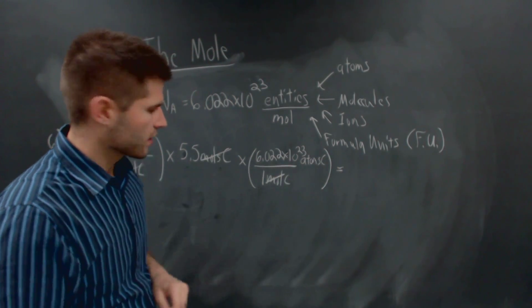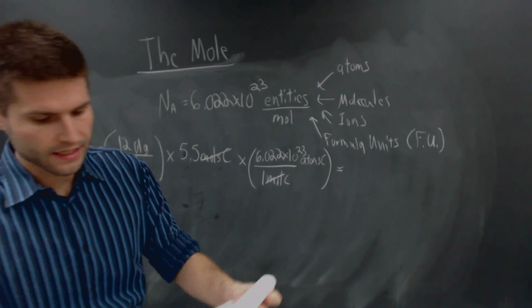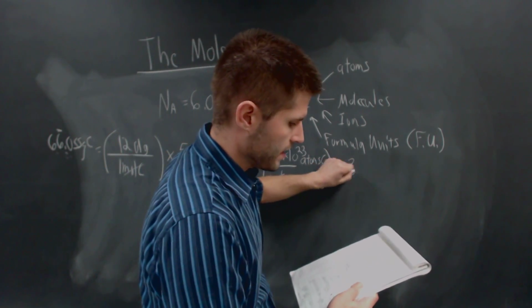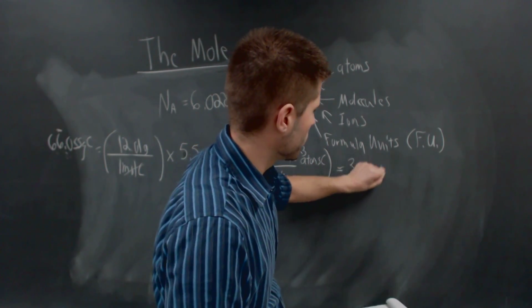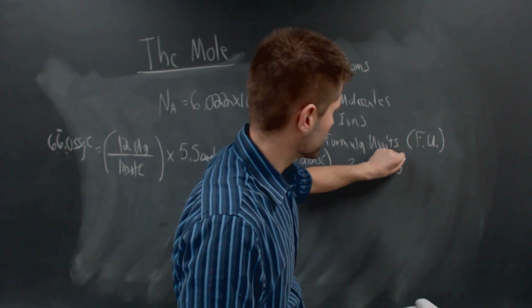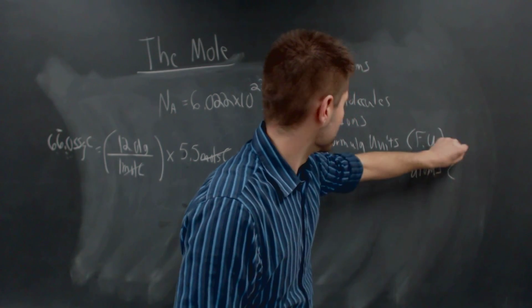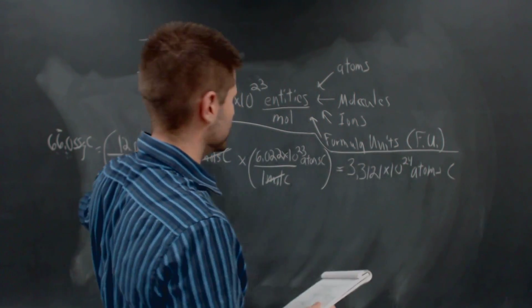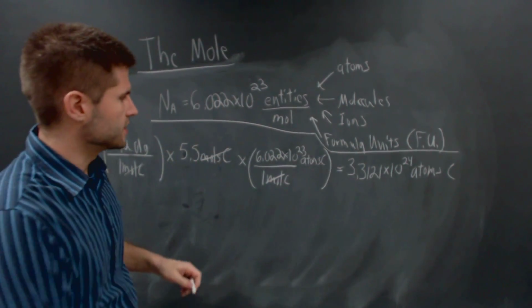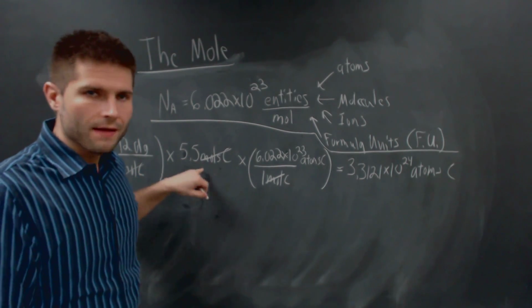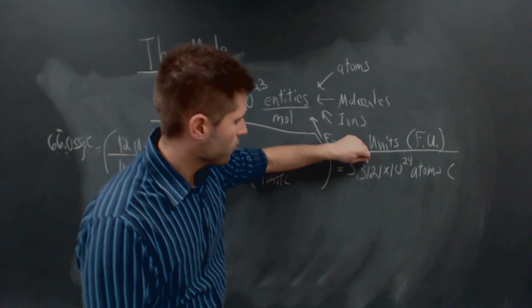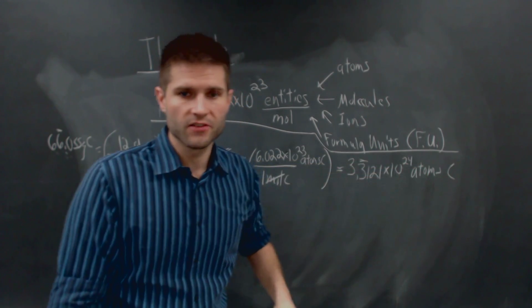Here, the moles of carbon cancel, and we're going to end up with 3.3121 times 10 to the 24th atoms of carbon. So I'm drawing a demarcation line that separates these two. In 5.5 moles of carbon, there are 3.3 times 10 to the 24th atoms of carbon.